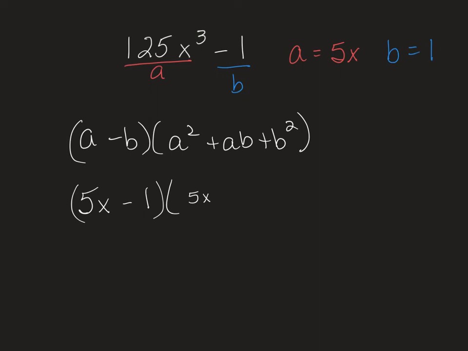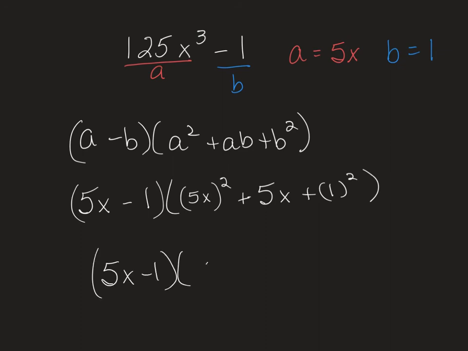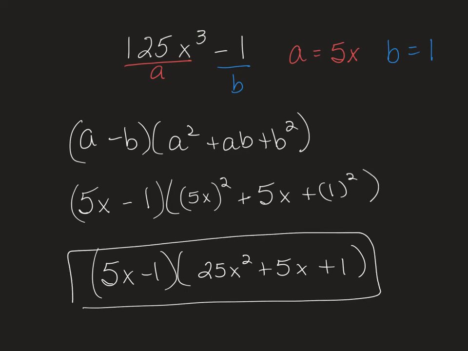This is going to be 5x squared plus a times b. That's going to be 5x plus 1 squared. Simplify everything. The 5x minus 1 stays the same. This is 25x squared plus 5x plus 1. That is my factored form.